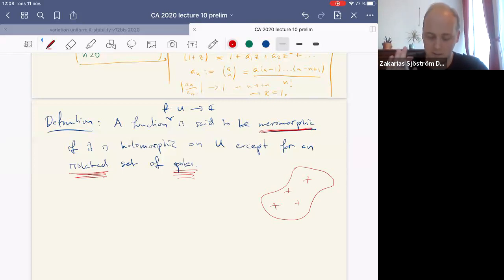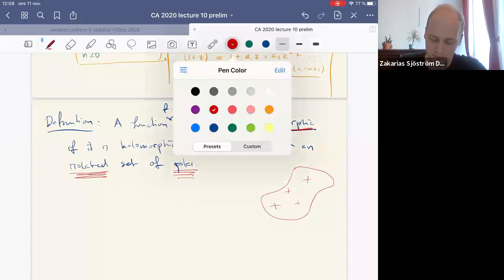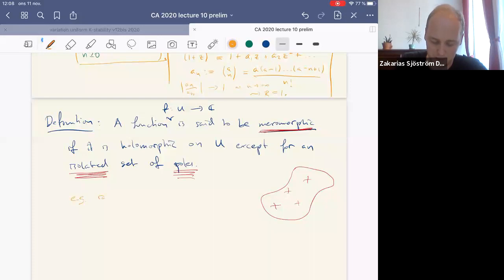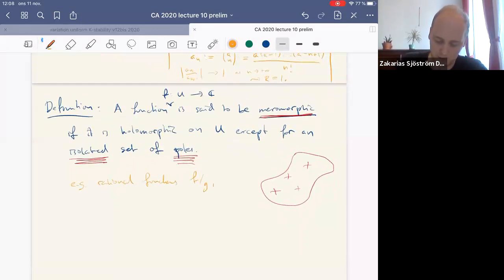The typical example would be rational functions f over g, where f and g are holomorphic. There is an isolated set of zeros for g, which correspond to the isolated set of poles for the rational function, and these will be meromorphic.